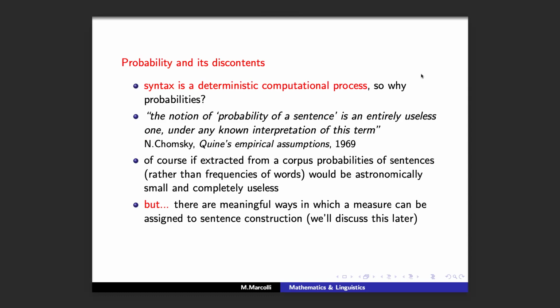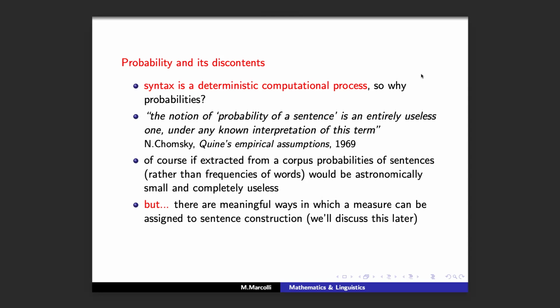There's nothing probabilistic a priori with this process. And of course there are the objections that the notion of a probability of a sentence doesn't quite make sense if you take it at face value, which is true if you're trying to assign probabilities to sentences in a large corpus. These probabilities are going to be astronomically small. They don't really make sense.